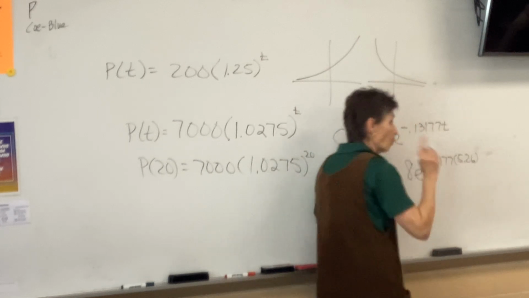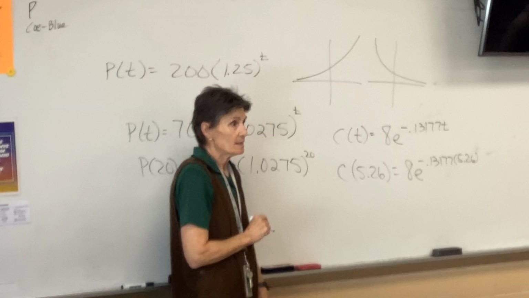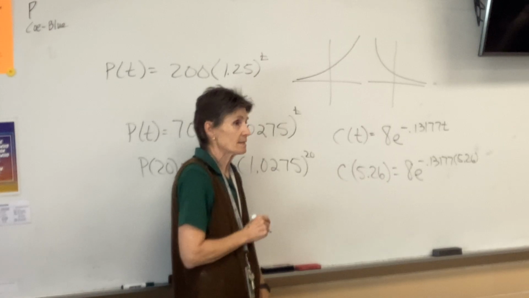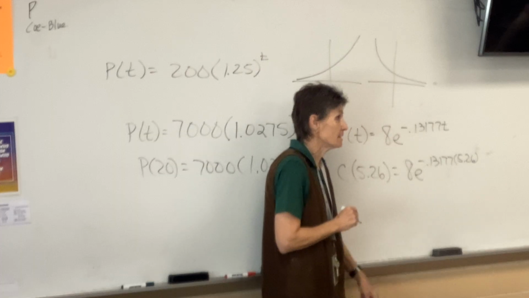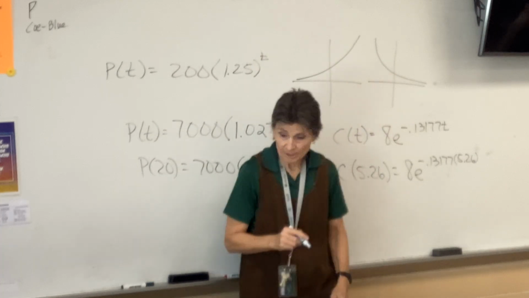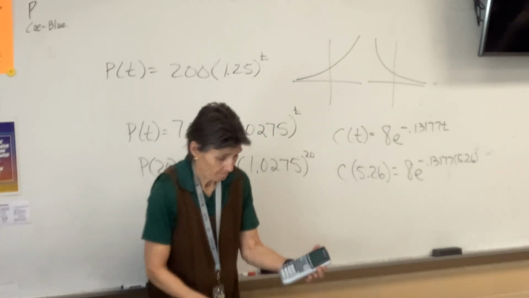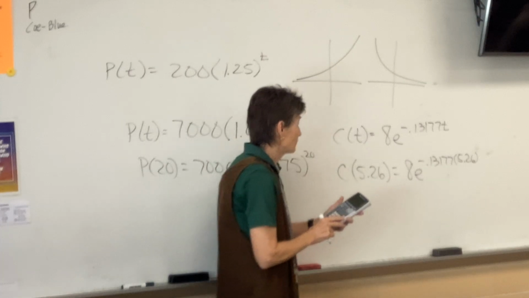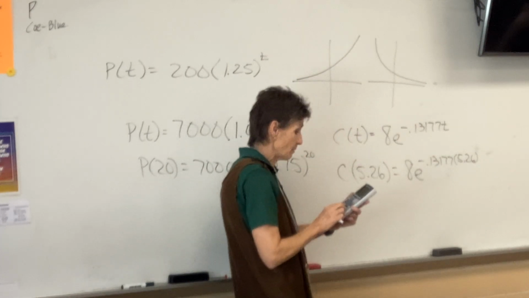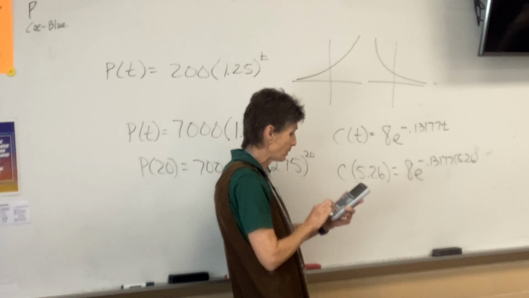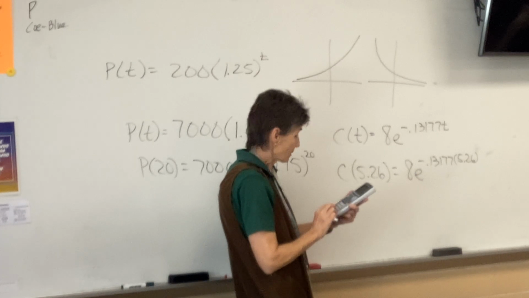And what should the answer be? If 5.26 is the half-life, then this answer better turn out to be 4. Well, let's check it. Let's just see if we can type this in. Can we type that in? How do we get E? Do we remember? Second ln.